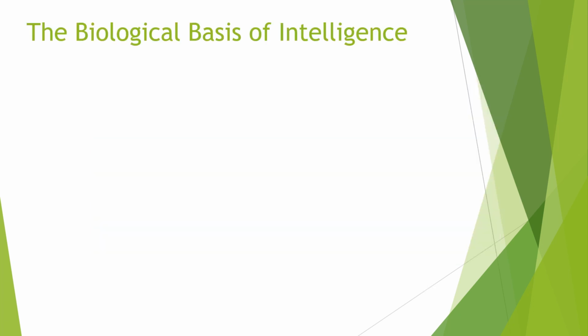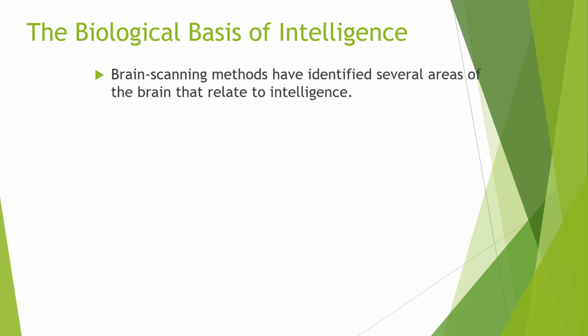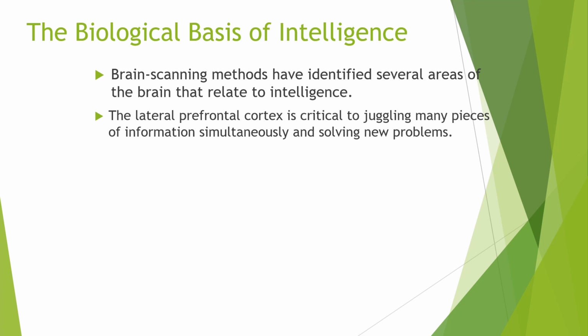We also have this theory looking at the biological basis of intelligence. We have brain scanning techniques that are used, and they have been able to identify that there are several areas in the brain that actually relate to intelligence. One of those areas is the lateral prefrontal cortex.